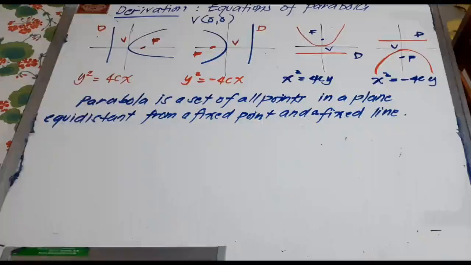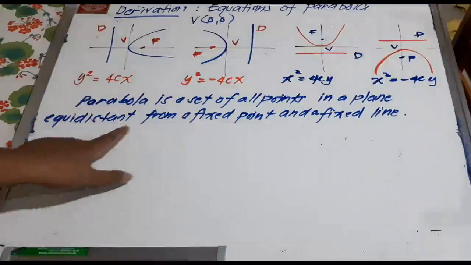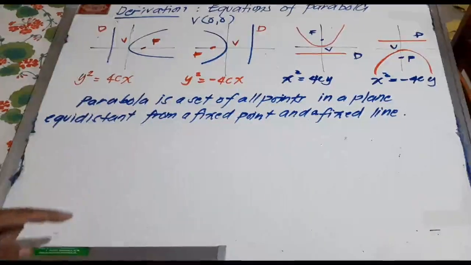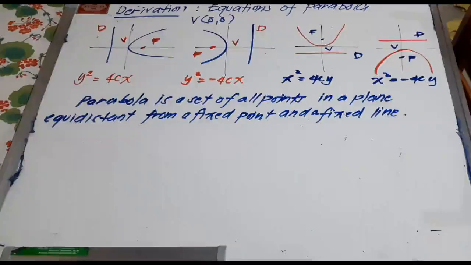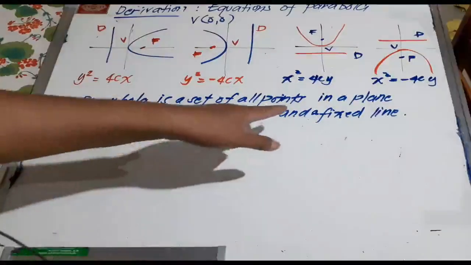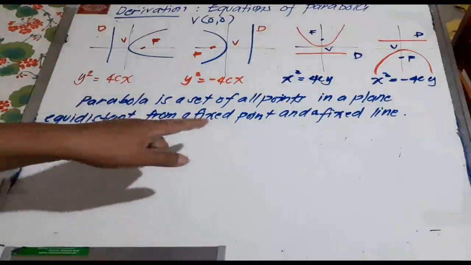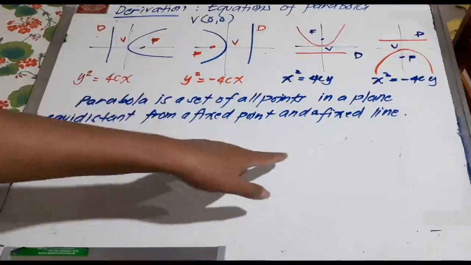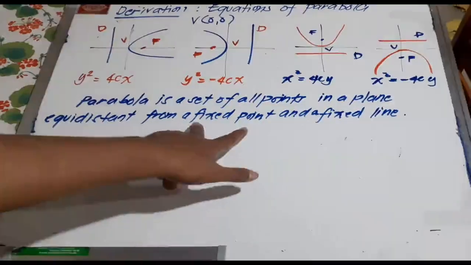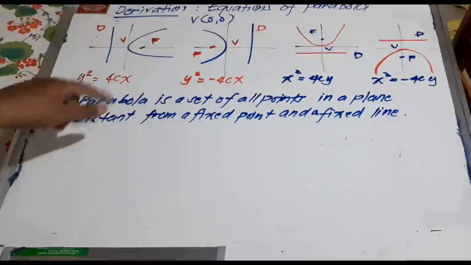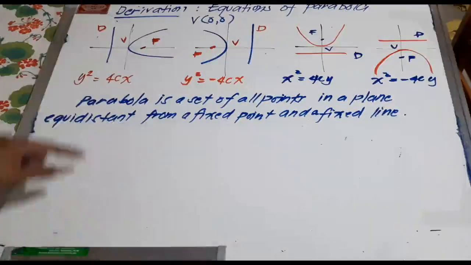Our derivation will be based on its definition. Okay? It says that a parabola is a set of all points in a plane equidistant from a fixed point and a fixed line. Okay? So, what is the fixed point? The fixed point is the focus and the fixed line is the directrix.